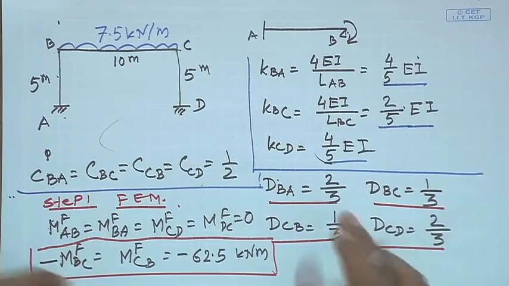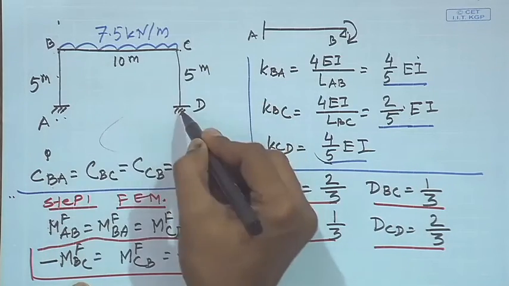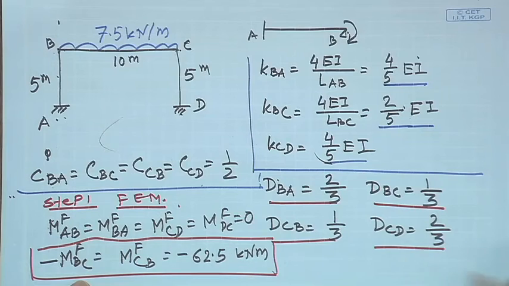Okay. Now, we have 3 members here, AB, BC and CD. How will we write it?